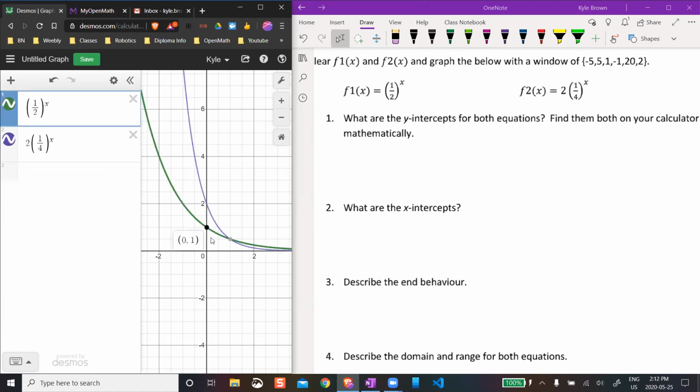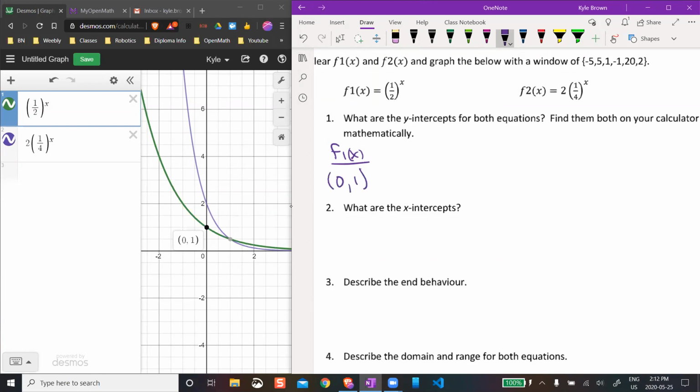Well, let's look at this first one again, f1 of x. That one has a y-intercept, that's the green line I made there, at (0, 1). So the same as the last one, right? Let's do a little different order and find that one algebraically again. f1 of 0 is equal to 1/2 to the power of 0.